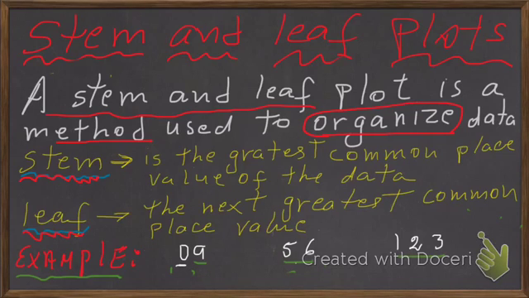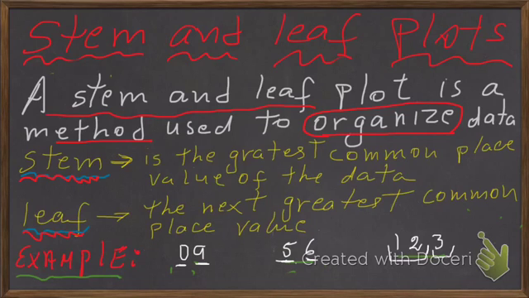This is the first part of 9, and this is the second part. So this is the first part of 56, and the 6 is the second part, right? And in here, when you have a 3-digit number, this part is the first part, and this is the second part. Very nice.